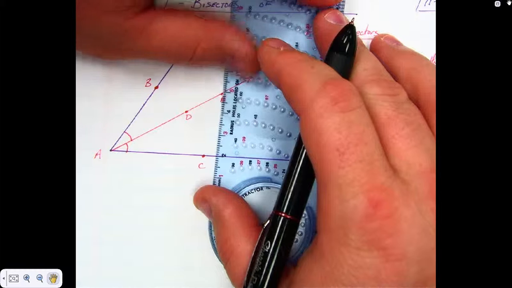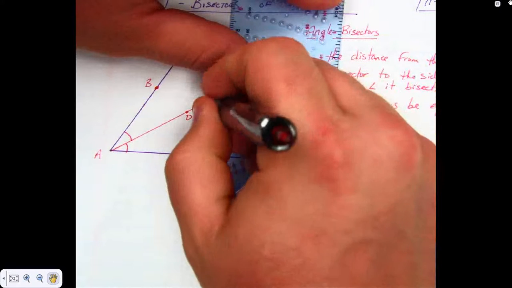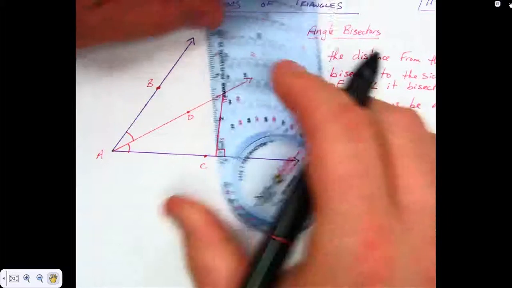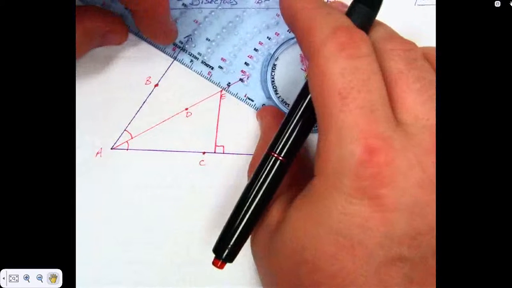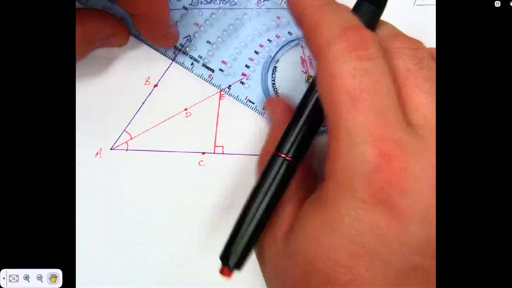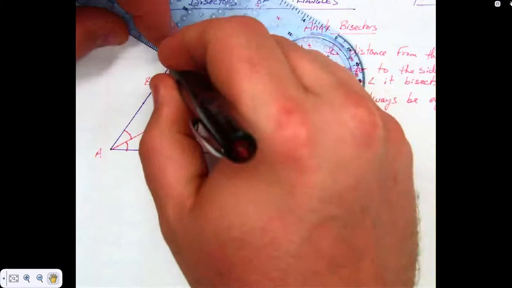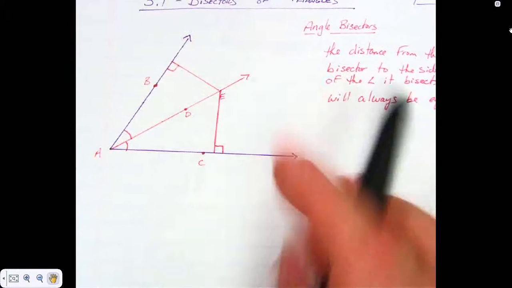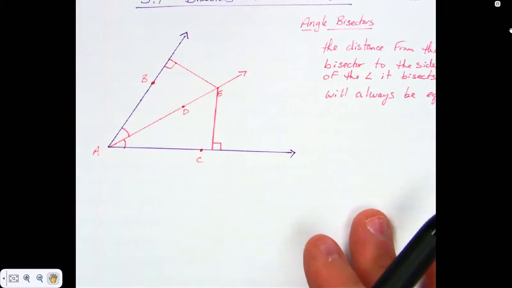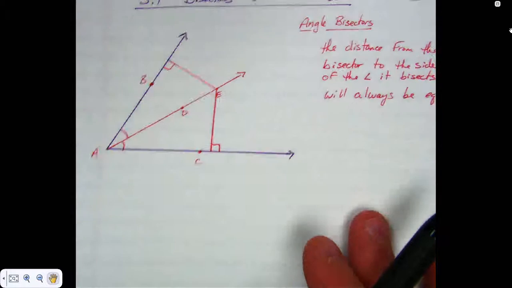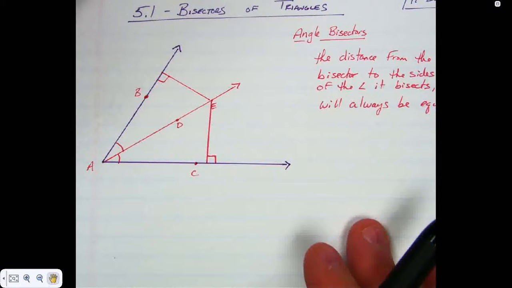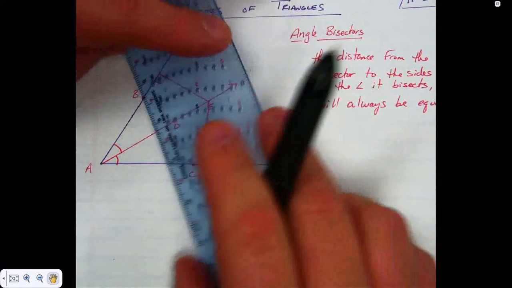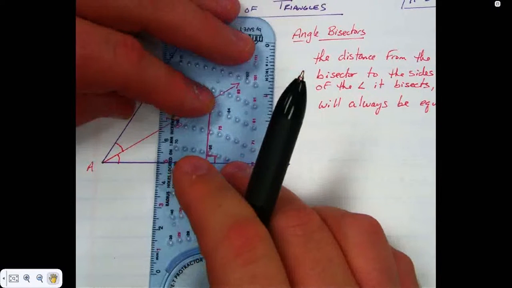Yes. So what I'm talking about being the same is that distance and that distance. Does it not look like those two segments are equal? Close enough. But they are. They should be, if I drew the angle correctly.